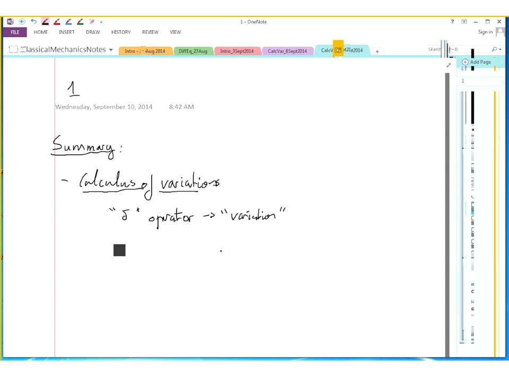Let's say we have a function f of x and a new function f bar of x that's equal to f of x.